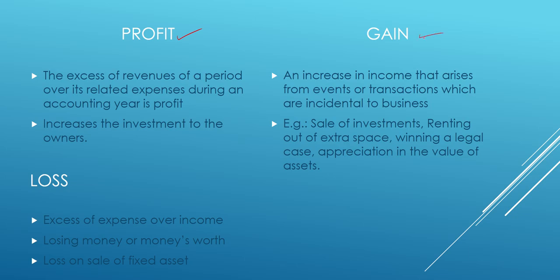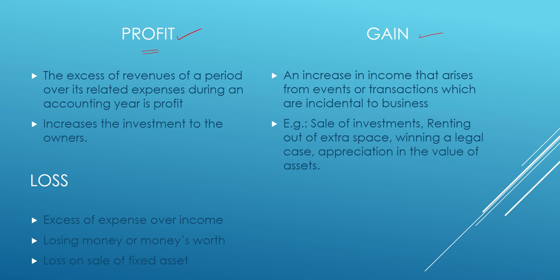Okay. Then we'll see what is profit and gain. They sound similar, right? But actually they are not. They do carry different meanings when it comes to an organization. So profit. If my core business is designing and selling garments, then the profit I make out of that particular activity is called profit.